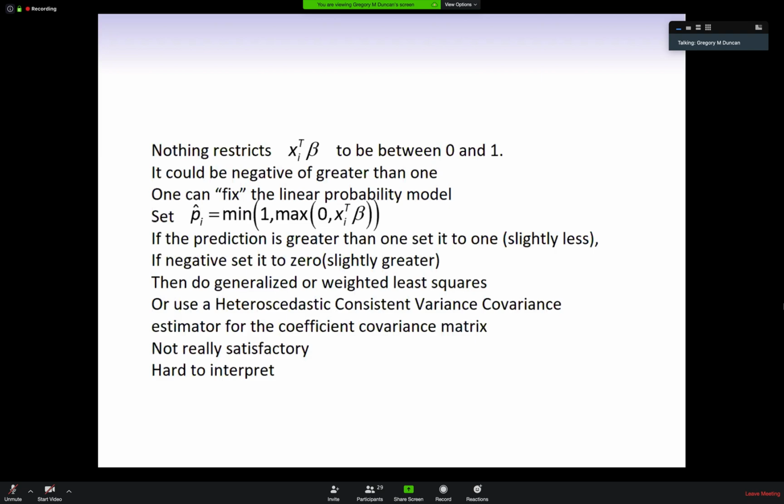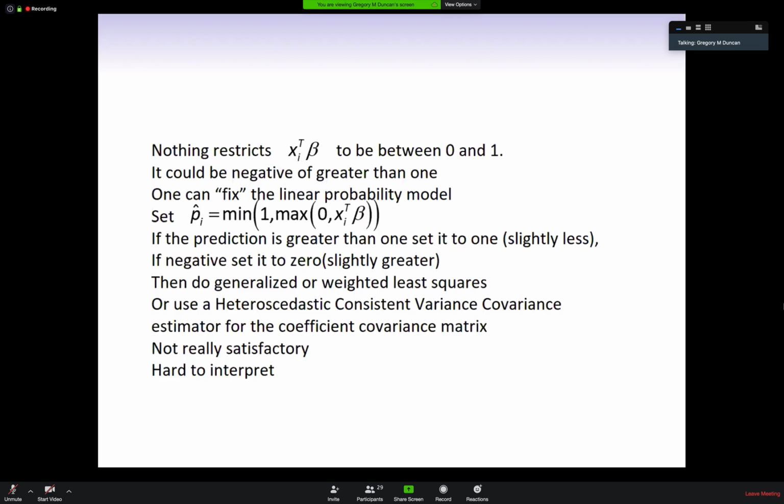So if the prediction is greater than 1, you set it to 1 or slightly less. If it's negative, you set it to 0 or slightly greater. And then you do generalized weighted least squares. If you're going to do that, you have to do the slightly less and slightly greater, or you're going to get 0 variances.